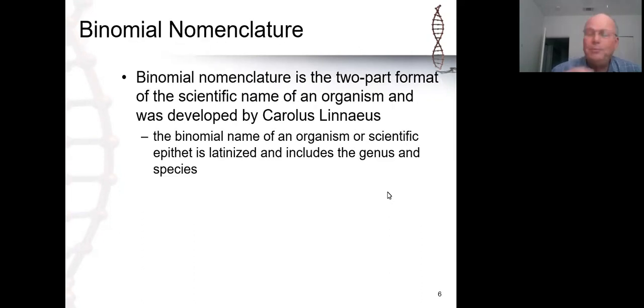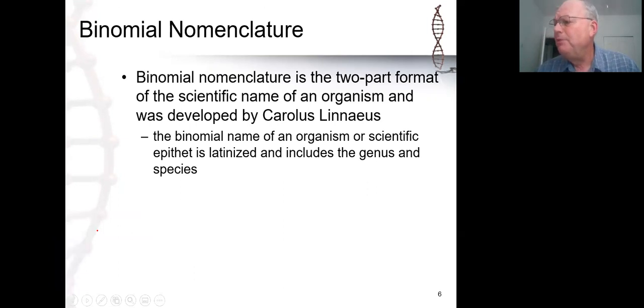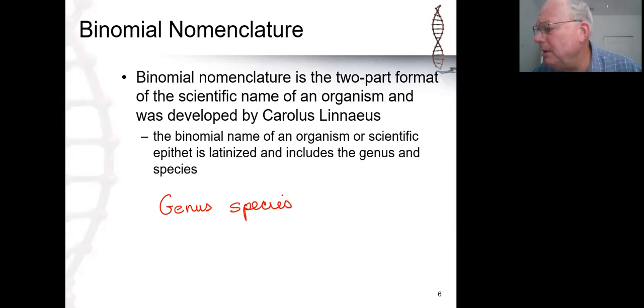So most of you are familiar with the concept of the binomial name, or the binomial nomenclature as we normally refer to it. And that binomial name consists of the genus name and the species name. So we write it genus, species. Now notice how I've written it here.